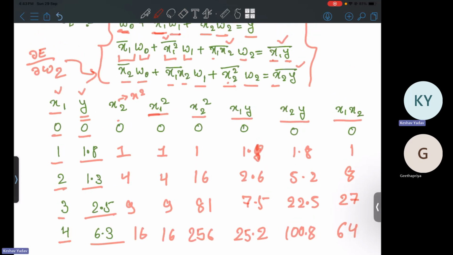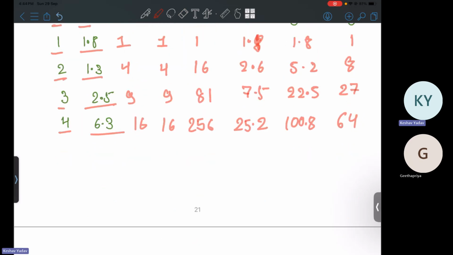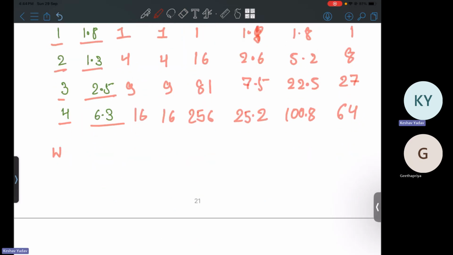Now we'll put these values here. We'll solve this simultaneous equation to get the desired values. Okay, W1, W2, and W3. I am writing directly the values that we will get. W0 will be equal to 0.5343.